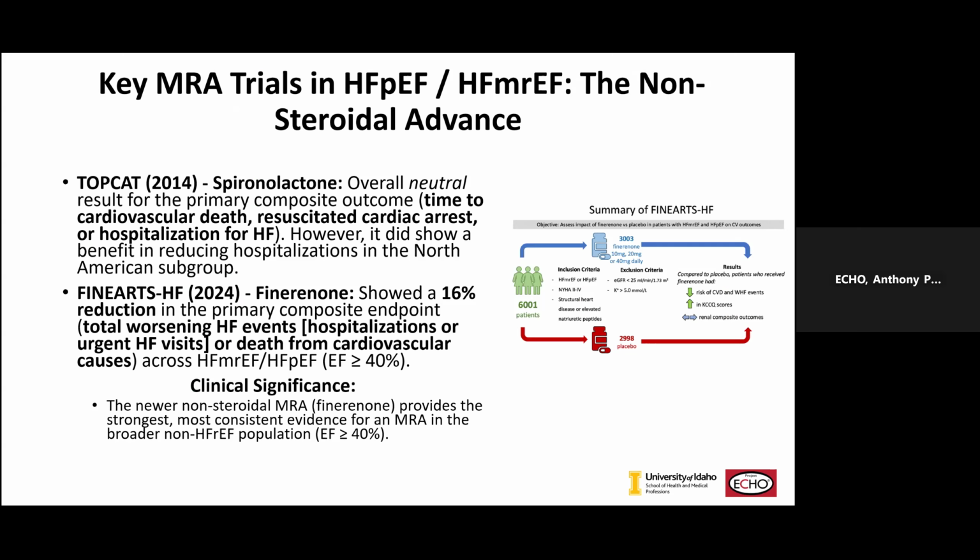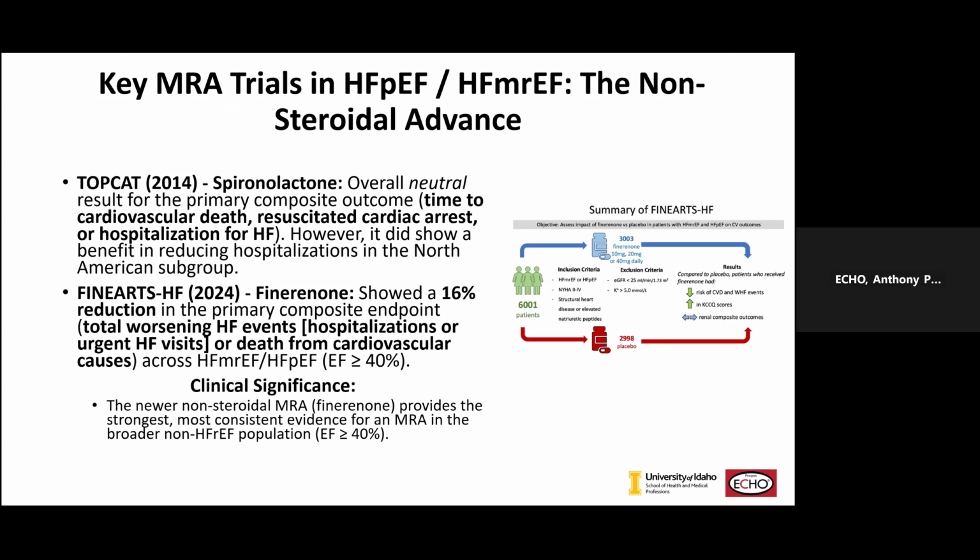So moving back to the MRAs, what are we seeing with this one? This is where we really see the advanced efficacy and use of finerenone, the non-steroidal MRA. We look at TOPCAT. This was an interesting trial when I started digging into it. I'd heard about it in school being like, hey, it does help, or it really showed nothing. What I didn't know was that they saw an overall neutral effect, but it had two arms. One was in North America, and the other was in Asia and Russia.